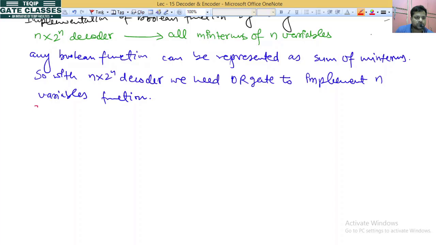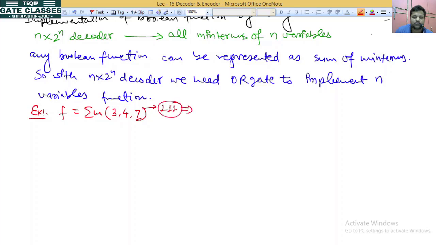Suppose I have one example. Suppose our function is f equal to summation of m(3, 4, 7). We know the largest is 7, so 7 can be represented in how many input variables? 3, because it requires a minimum of 3 digits.